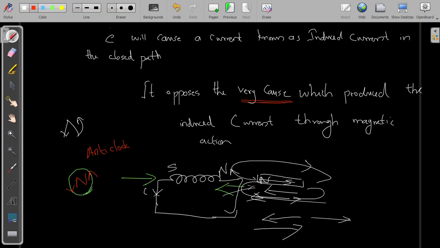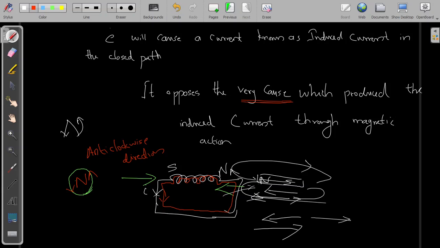Anti-clockwise direction means current should flow like this, enters into the coil, and in this anti-clockwise direction, like this, like this, and leaves the coil like this, right? This should be the current direction.